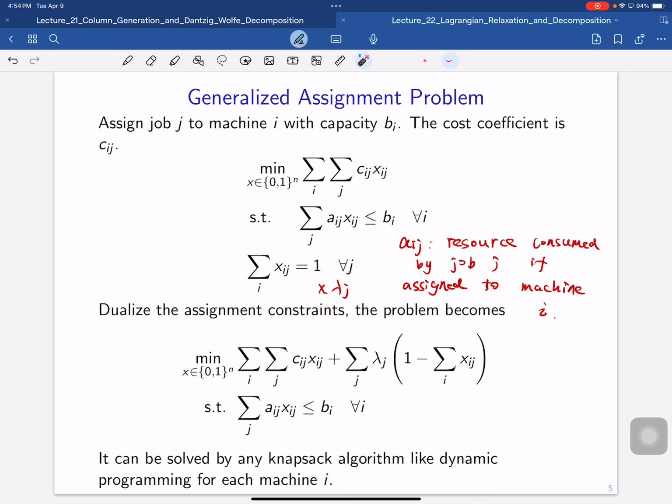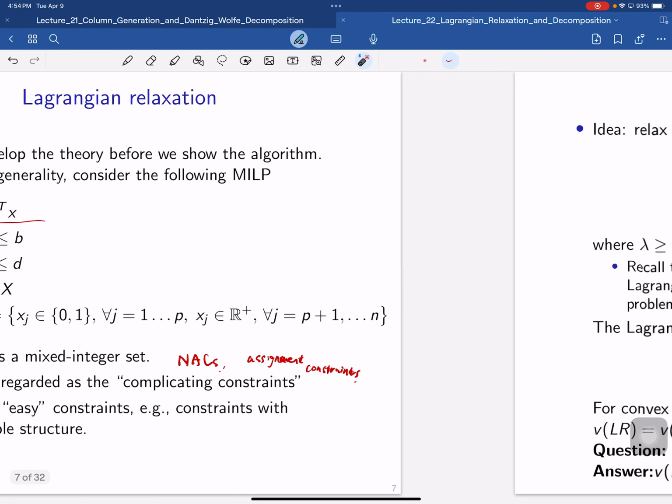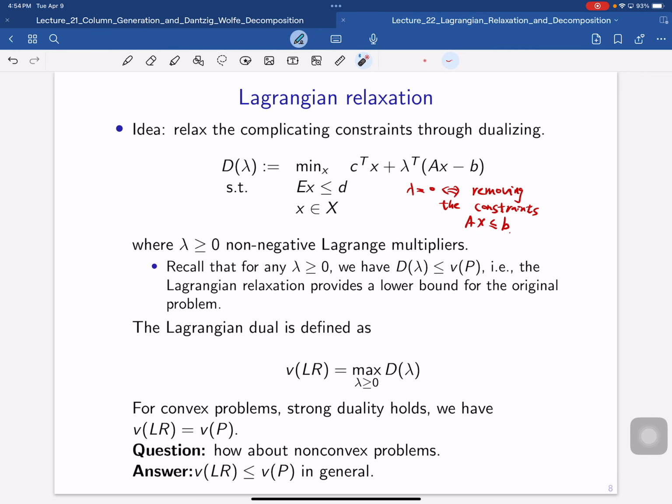If you are dualizing an equality constraint, lambda is free, but if you dualize an inequality constraint, you assume lambda is greater than or equal to 0. It's the same thing as when you take the dual of a linear program: the signs of the dual have to be consistent with the primal constraints. Any other questions here?